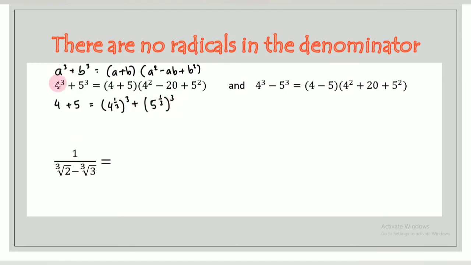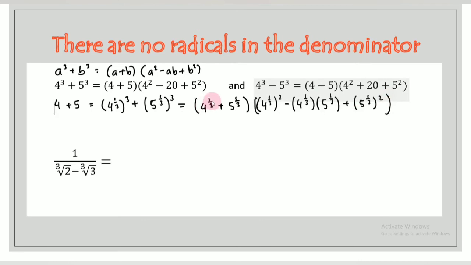So if I factor them using the same rules as the above, it becomes 4 to the power of 1/3 plus 5 to the power of 1/3 multiplied by 4 to the power of 1/3 square plus, or minus, sorry, 4 to the power of 1/3 multiplied by 5 to the power of 1/3 plus 5 to the power of 1/3 being squared. I'm using the factoring method above.